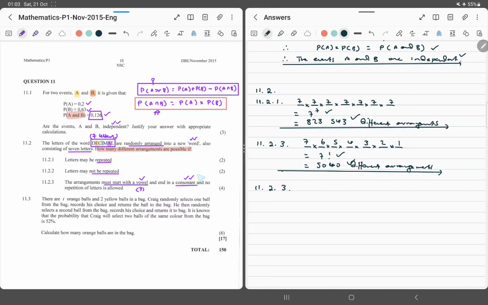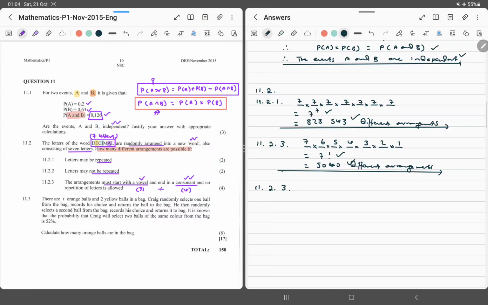So there's a lot of movement of the tongue. Anyway, so those are the consonants. And how many options do we have here? It's 1, 2, 3, 4. So we've got 4 consonants in that word to make up the 7.